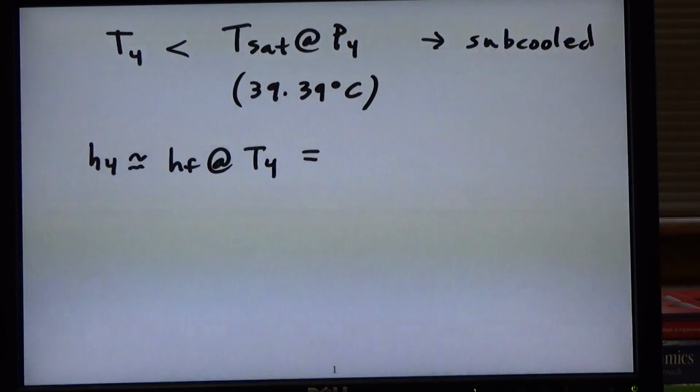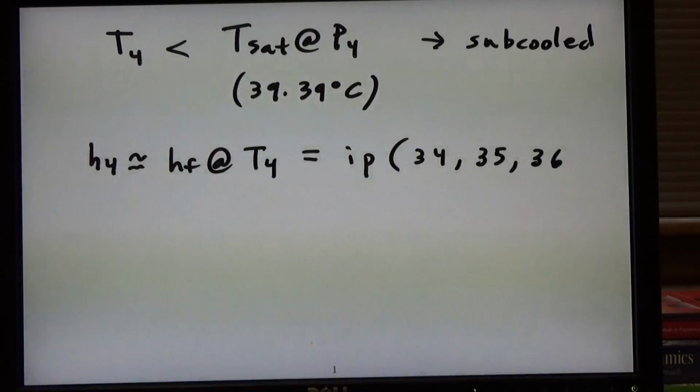So this is going to be an interpolation. 34 was the table value, 35 is our value, 36 was the other table value. At 34 degrees, H sub F was 97.31, and at 36, H sub F was 100.25.